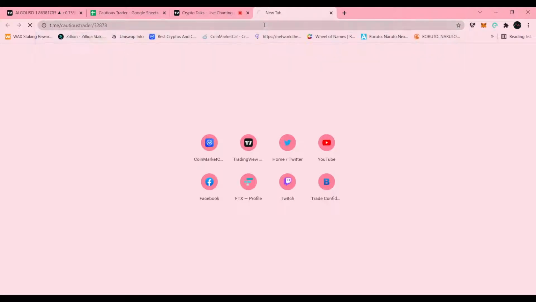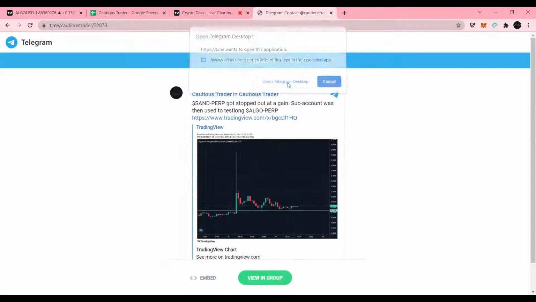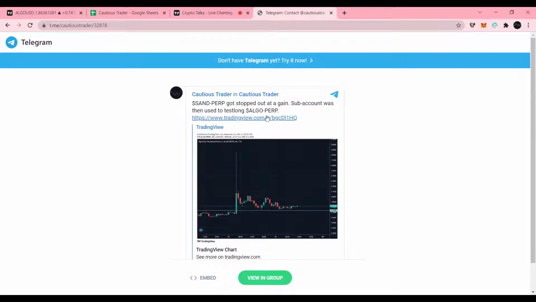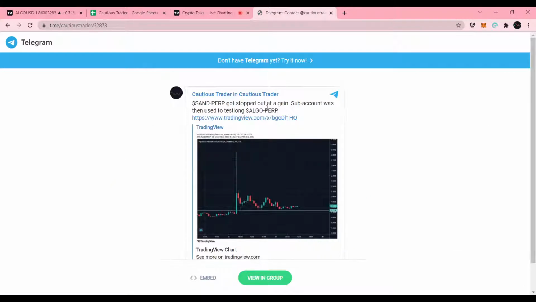I actually have a test long a while ago, when I got stopped out at a gain in Sand. So at this area, I already have a long position, and from Sand perpetual, I reopened an Algo perpetual.